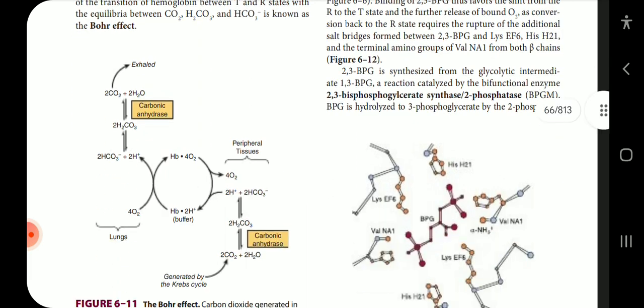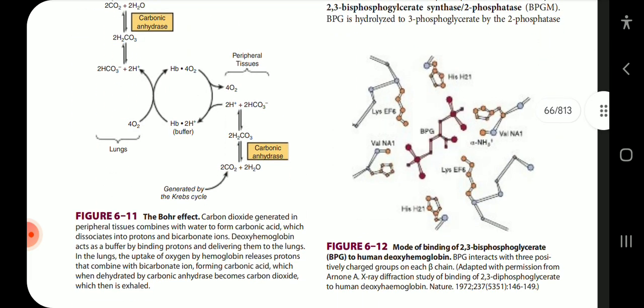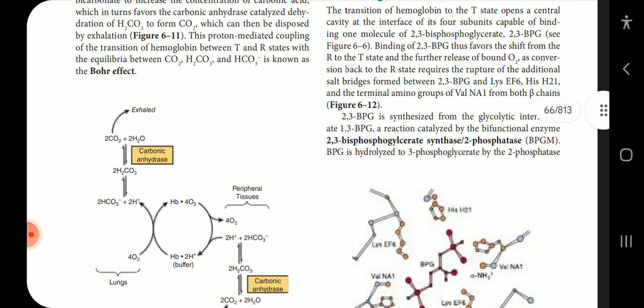Figure 6.12. Mode of binding of 2,3-BPG to human deoxyhemoglobin. BPG interacts with the three positively charged groups of each beta chain. 2,3-BPG is synthesized from the glycolytic intermediate 1,3-BPG, a reaction catalyzed by the bifunctional enzyme 2,3-bisphosphoglycerate synthase/2-phosphatase, BPGM.